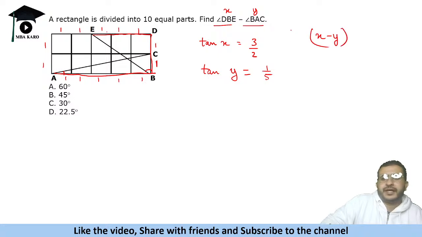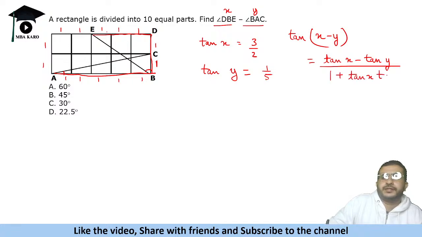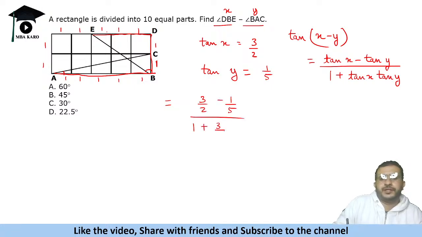So we can take tan of x minus y, which is equal to tan x minus tan y upon 1 plus tan x tan y. Okay, so this tan x is 3 by 2 minus 1 by 5 upon 1 plus 3 by 2 into 1 by 5.